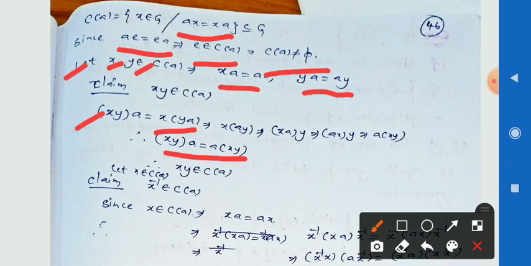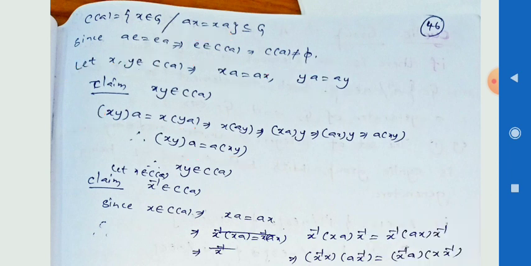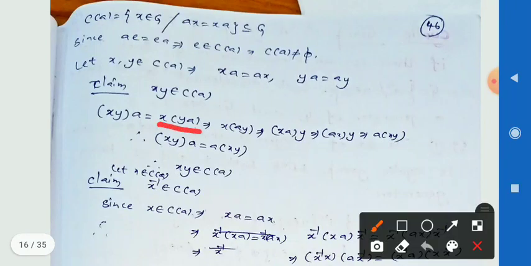Here I am using the associative property, x into y into A. Here yA is equal to Ay, since y belongs to C of A, the centralizer of A in G. Then we can substitute this yA value and get x into Ay.